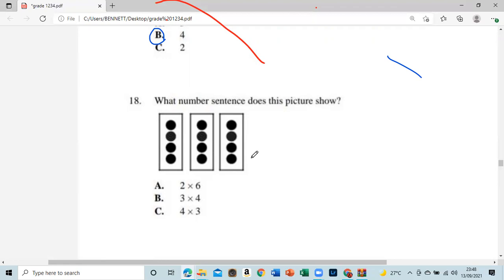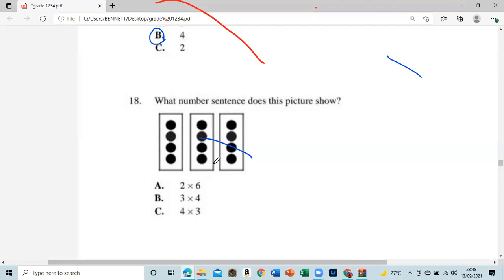Honestly, I think hard on this. I know it's 3 columns, 1, 2, 3, and a 4 in it. I don't know the principle behind this. What number sentence does this picture show?